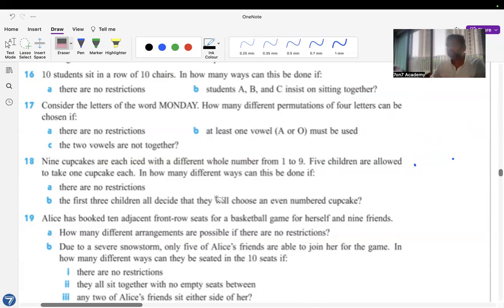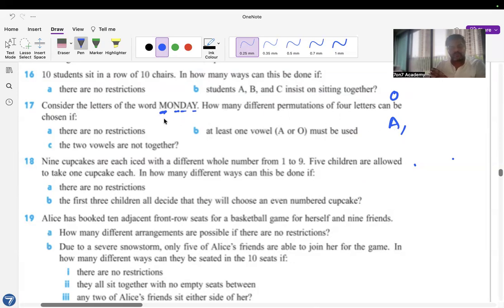6 factorial. Second, at least one vowel must be used. It's 4 letters, so it won't be 6; all are different. So you can use A and you won't use O. If you want to use one, then how many letters are there? 1, 2, 3, 4.